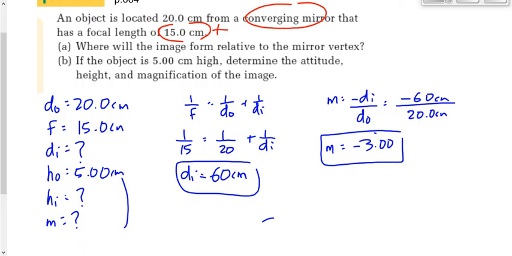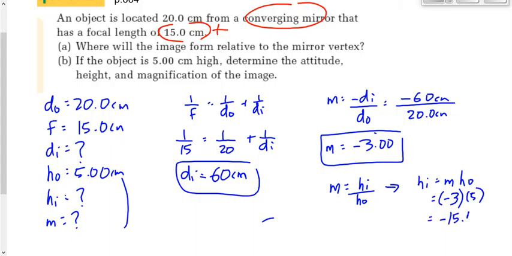We can find hi by saying m is equal to hi over ho, and therefore hi is equal to m times ho. Negative 3, we just found that, times 5 gives me negative 15.0 centimeters. We could have said hi over ho equal to negative di over do, right? But we had to find magnification, so I thought we might as well do that first.